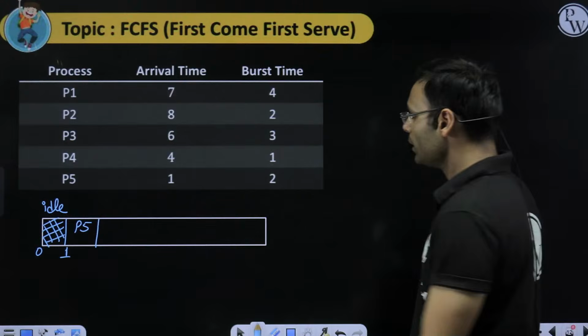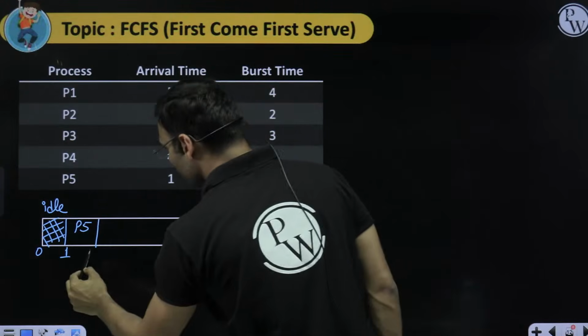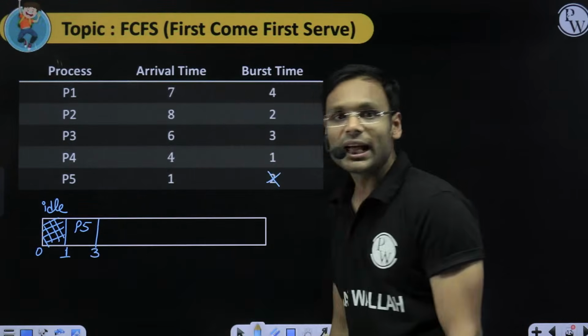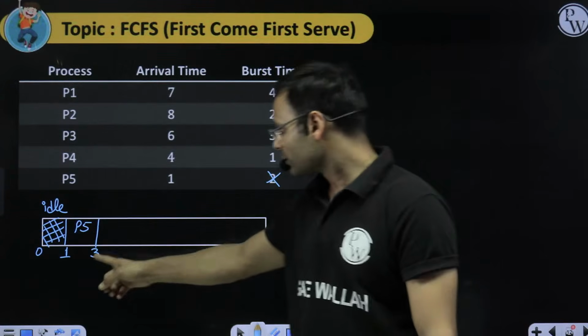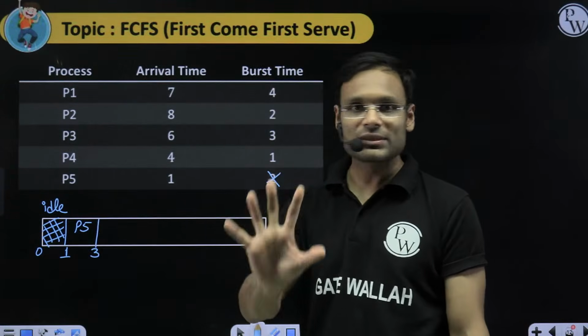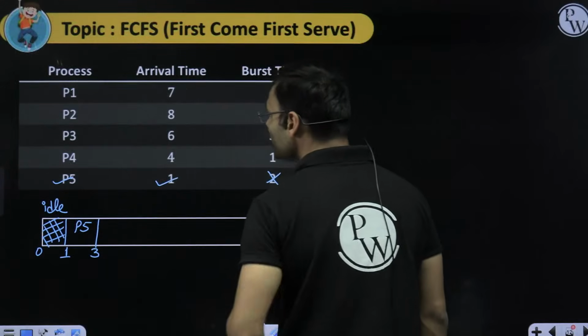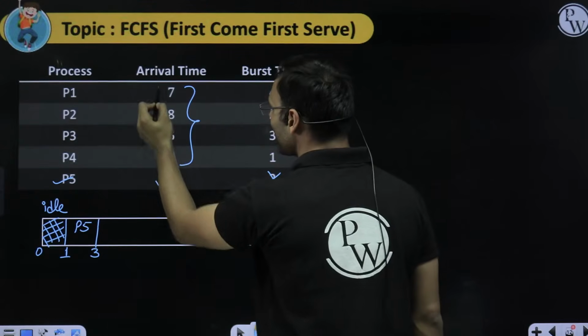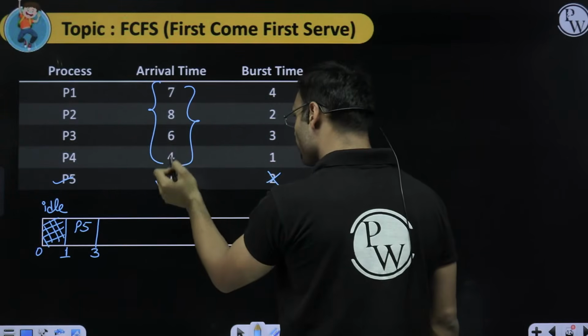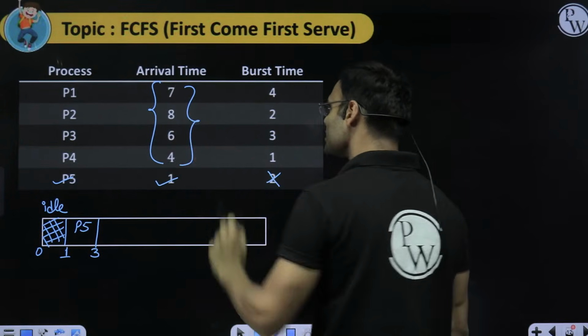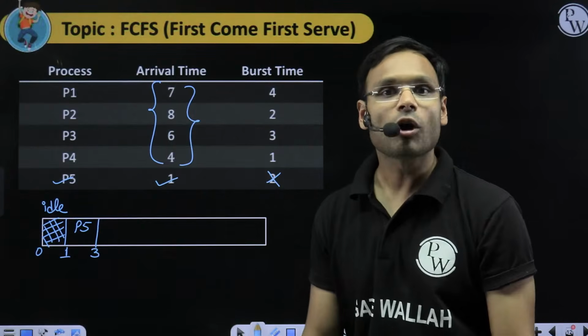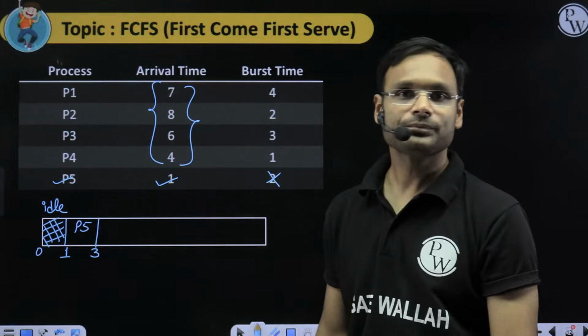Till 2. Plus 2, 1, 2, 1 plus 2, 3. Till 3 time duration, P5 is running, yes, but after completion of P5, again the issue is no other process has arrived. This is arriving at 4, this at 6, this at 8, this at 7. Process P4 did not even arrive till 3.